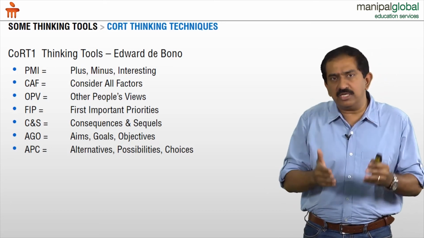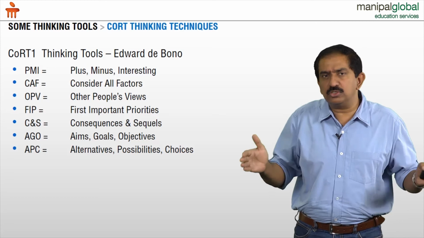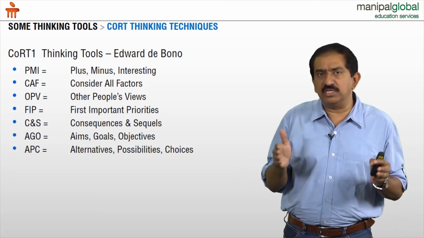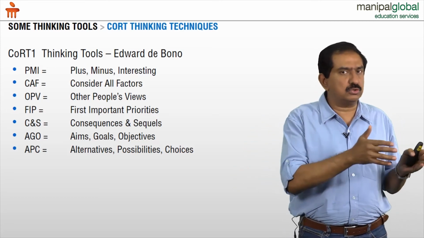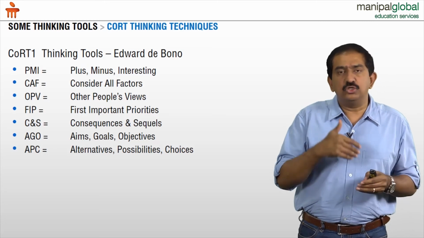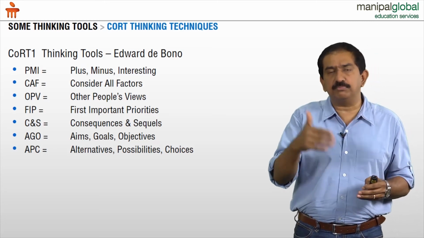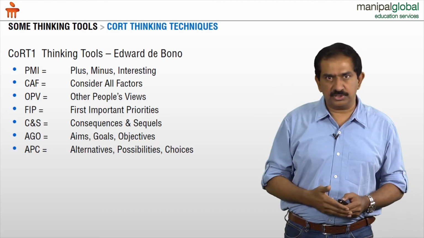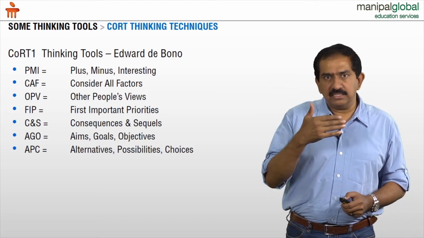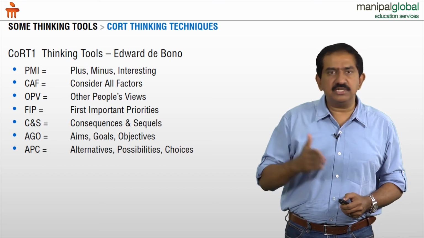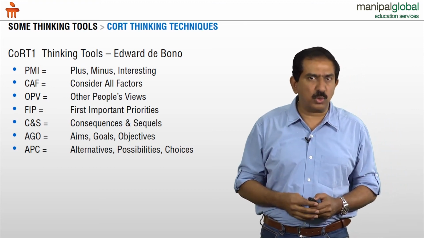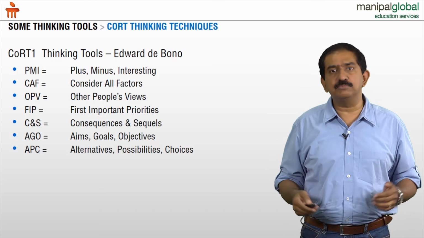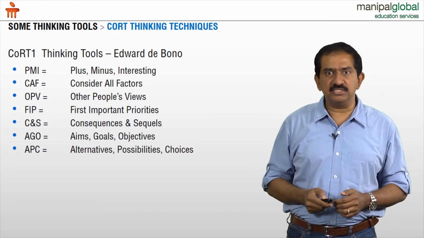Here we are looking at coming up with a whole host of alternatives to a given situation, to a given solution, or to a given problem. And just restating a problem in multiple ways changes the way we think about a situation. And using just the tools and techniques available as part of the CoRT 1 suite already helps you broaden your thinking dramatically.